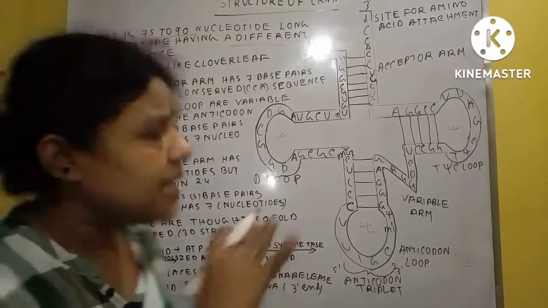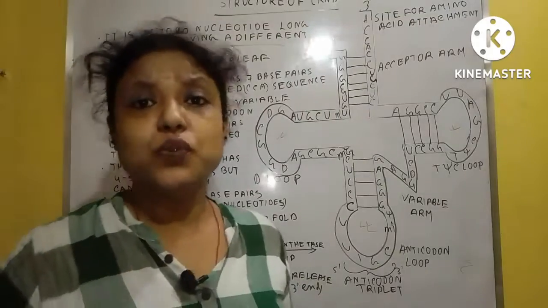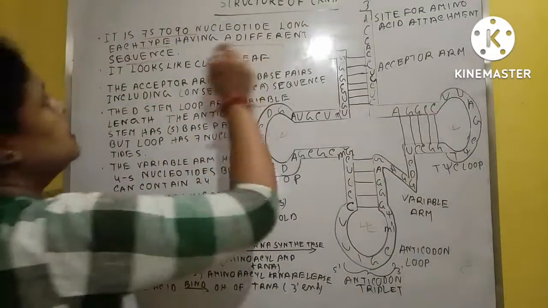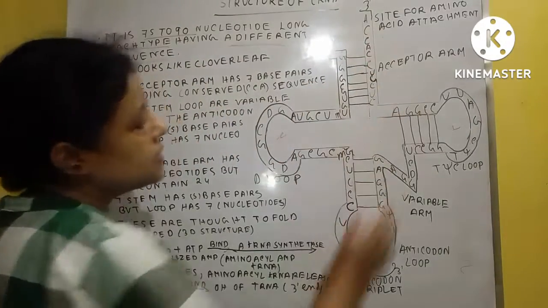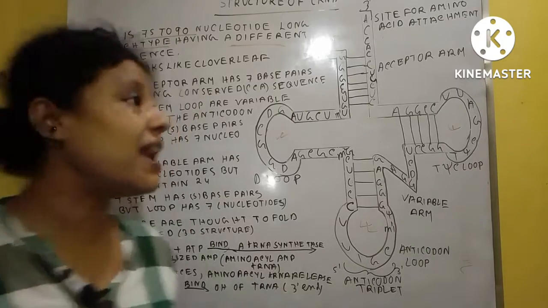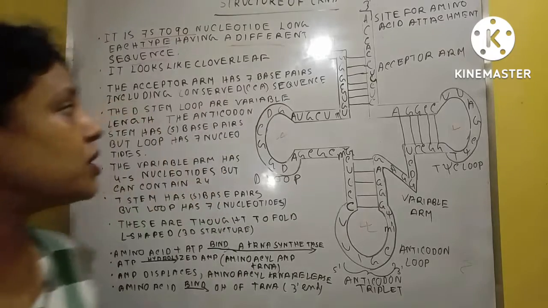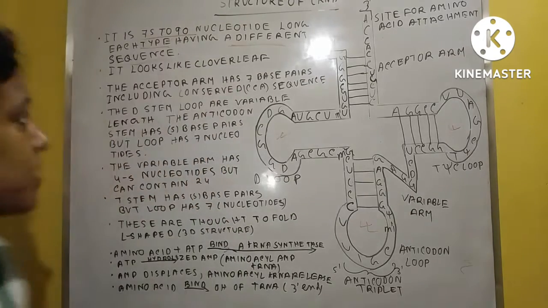That means the binding process with the amino acid depends on this nucleotide sequence. These nucleotide sequences are very important for each and every tRNA, because which amino acid binds to which tRNA depends on them. Clear?